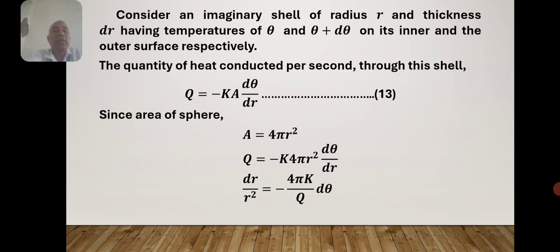Since the area of the sphere is A equals 4 pi r square, keeping the value of area in the above equation, equation 13 becomes Q equals minus K into 4 pi r square into d theta by dr. Now rearranging, dr upon r square equals minus 4 pi K upon Q into d theta.